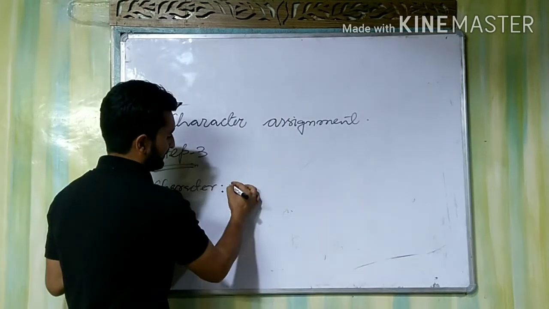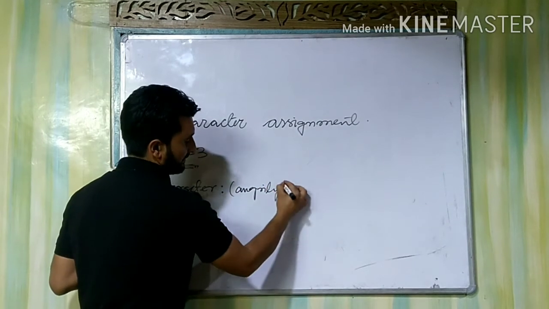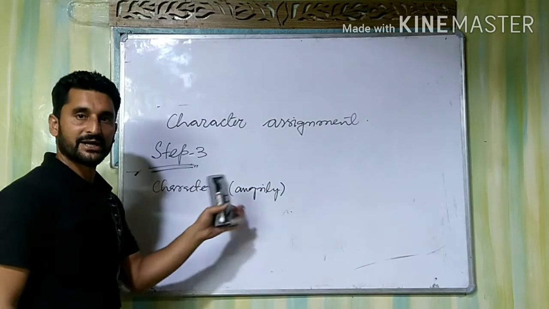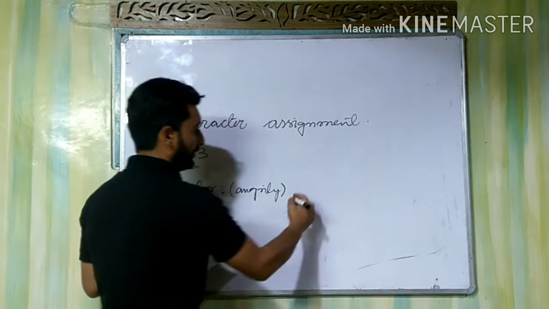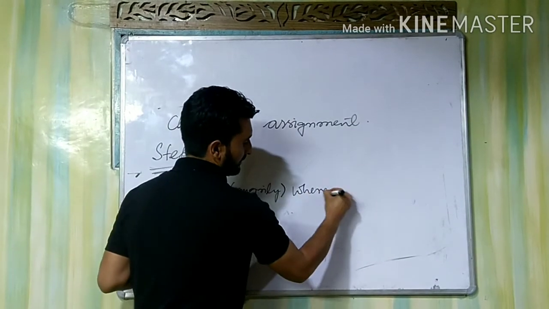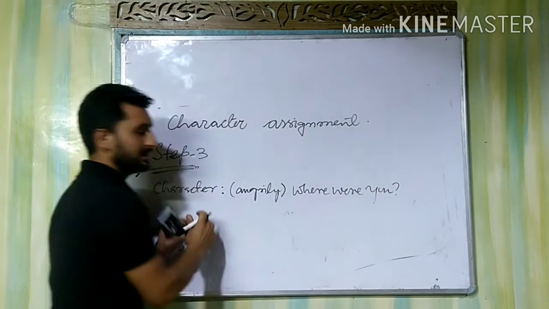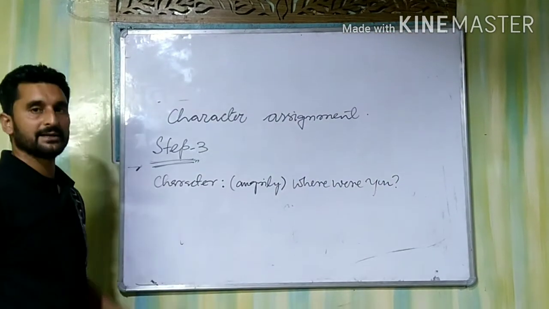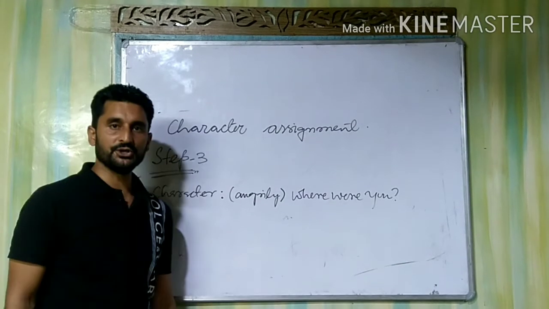You show it like angrily, then enclose it in brackets. So suppose the sentence goes, where were you? Say suppose Abid is angry and he says angrily, where were you?